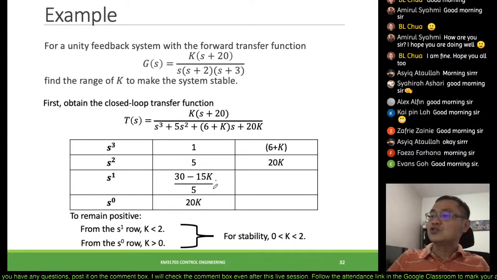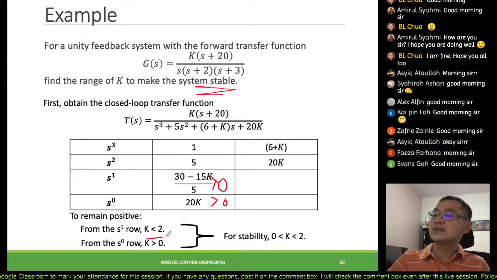So this, in order to get a stable system, must be greater than 0, right? For this criterion, greater than 0 means K must be greater than 0. For this criterion, for it to be greater than 0, 30 minus 15K should be greater than 0.